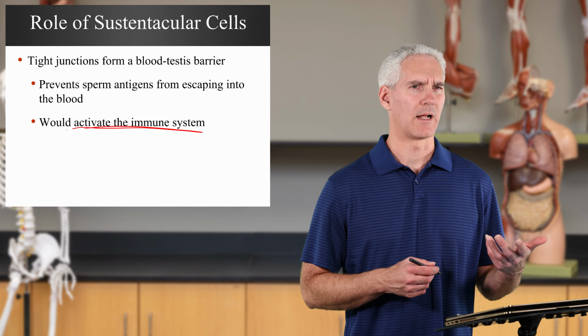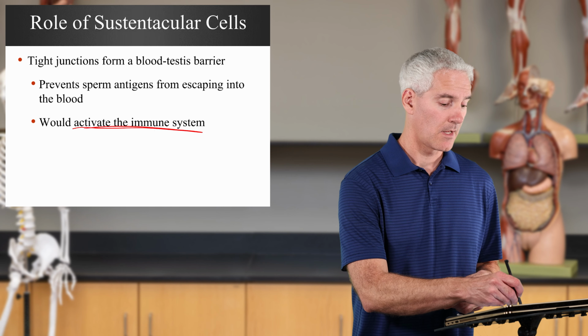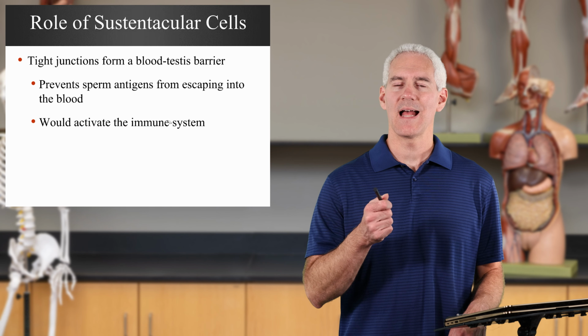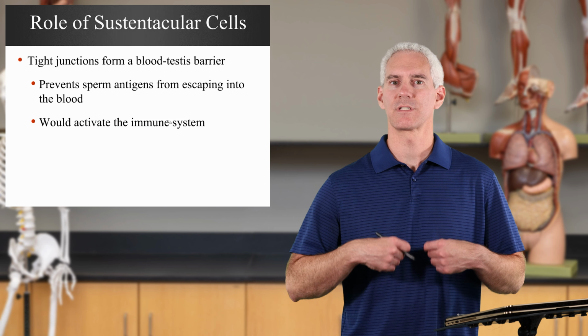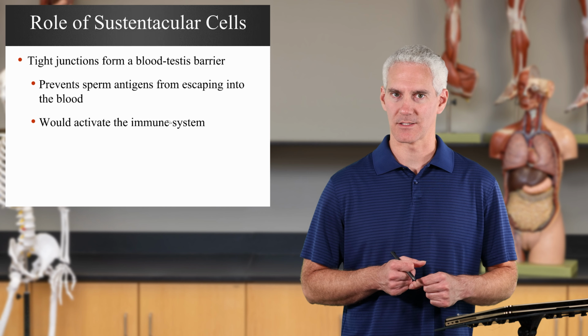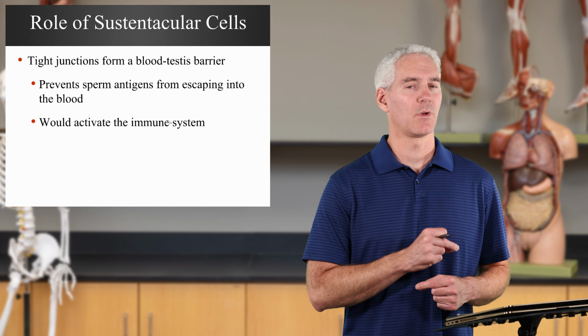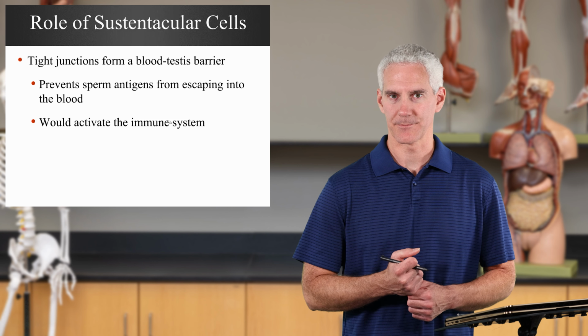Now, you might be thinking, hold on, your cells have this self-antigen. They shouldn't activate. True. But that self-antigen on the cells was there as your immune system was first developing, as a young child. The actual sperm themselves are not produced until puberty.